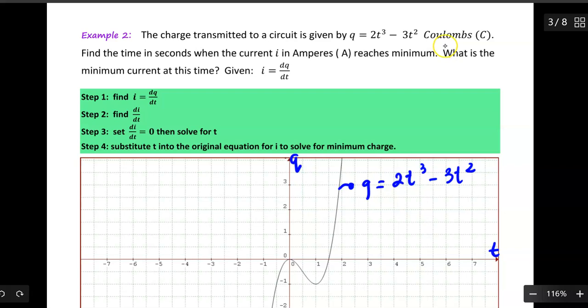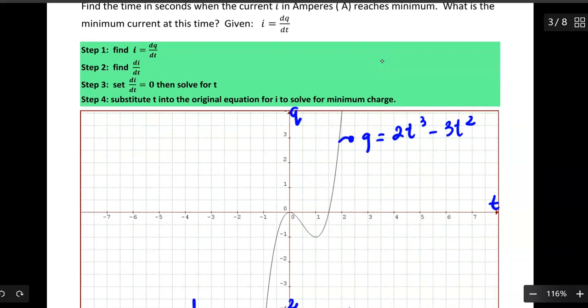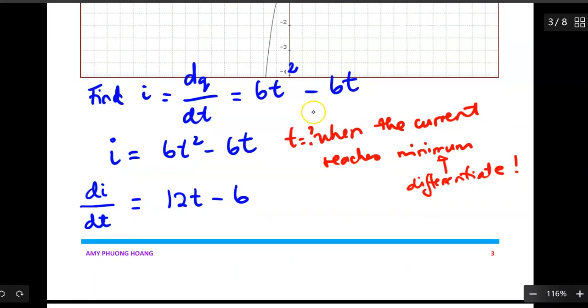And I also want to emphasize to everyone that this question gave us this function in terms of Q. So we have to find the equation for current before we can determine the time at which the current reaches minimum. Given Q, we differentiate Q in terms of time, then we find the equation for I. And to determine whether it's a maximum or minimum, it's related to the slope of the tangent line equal to 0.